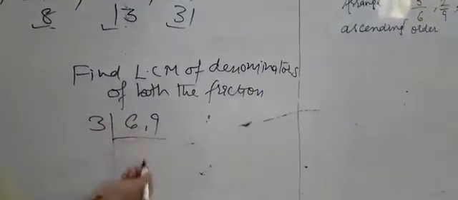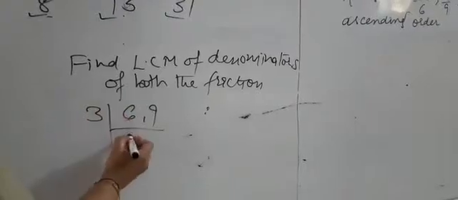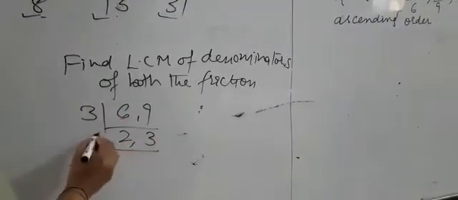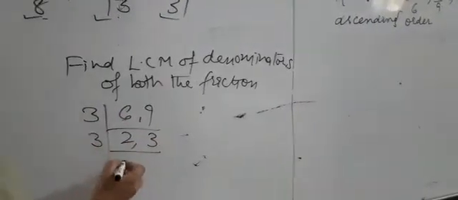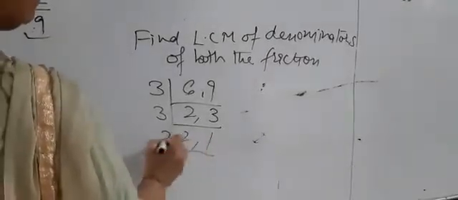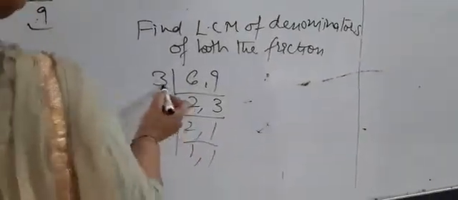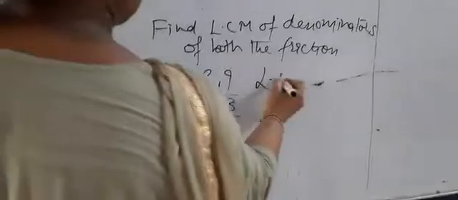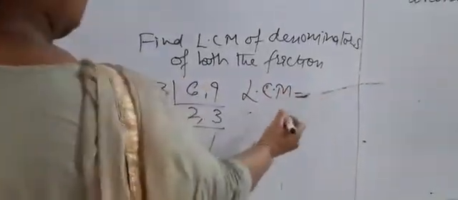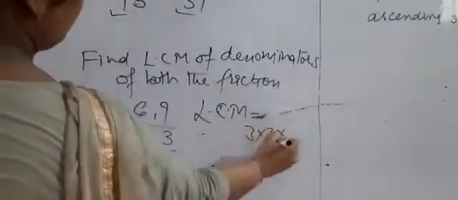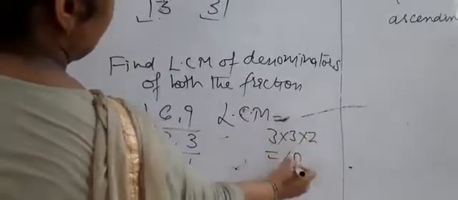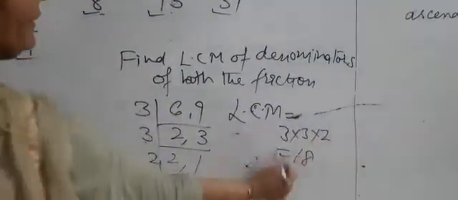Take 3, it divides 6 and 9: 3 twos are 6, 3 threes are 9. Again we have 2 and 3. What have you got? 3 threes are 9. LCM is 3 into 3 into 2, which is 18. Now you have got the LCM 18.